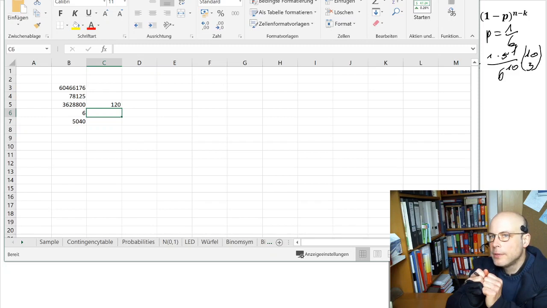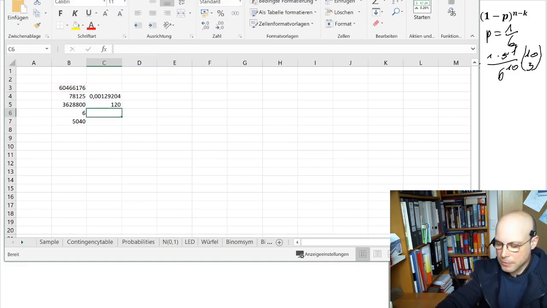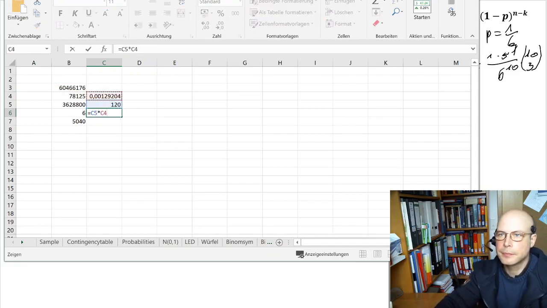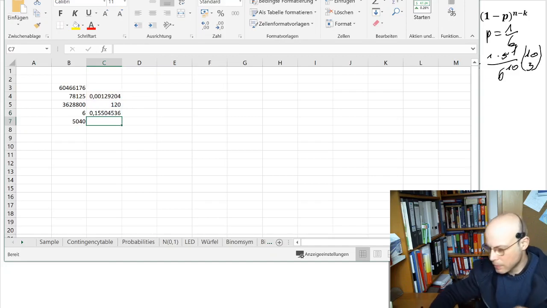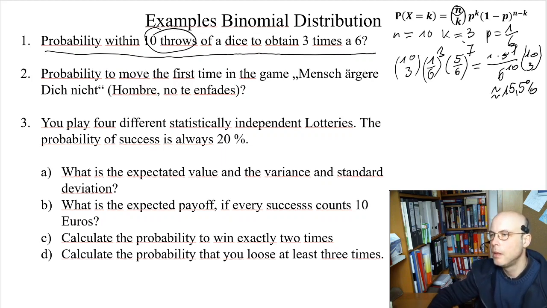And all in all, we have here 120, and then we have to calculate this over this times 120, and we end up with roughly 15.5%.